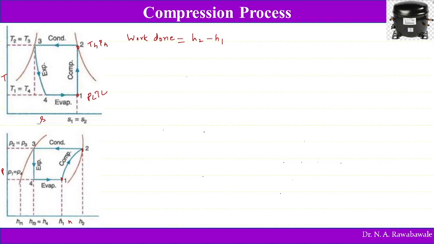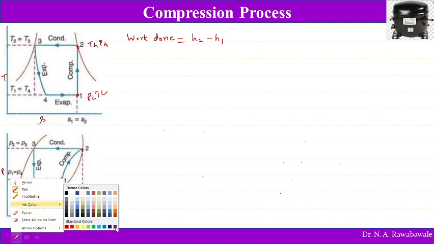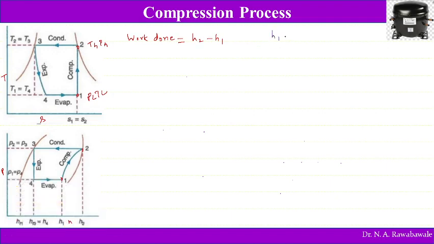This work done is given by H2 minus H1, where H1 is the enthalpy of refrigerant at the inlet of the compressor, in kilojoules per kg.